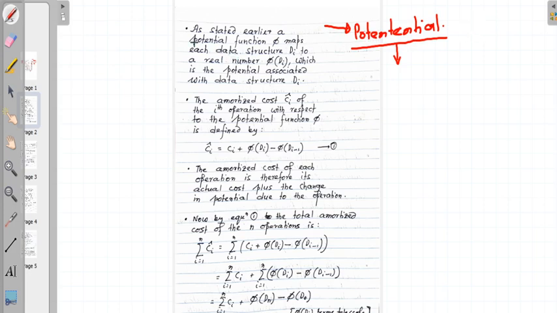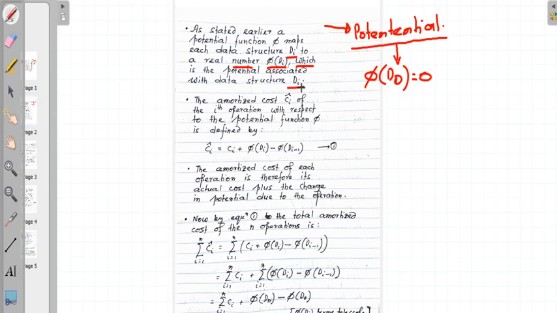As stated earlier, a potential function phi maps each data structure Di to a real number phi of Di, and phi of D0 is equal to 0. Here it counts the number of elements in the stack. So phi of Di is the potential associated with the data structure Di. How much potential does that data structure have?